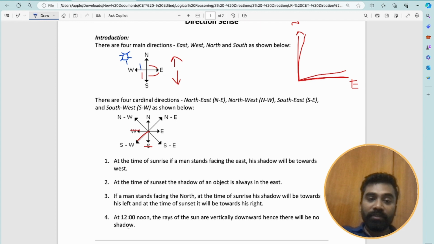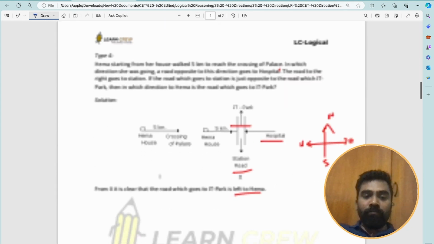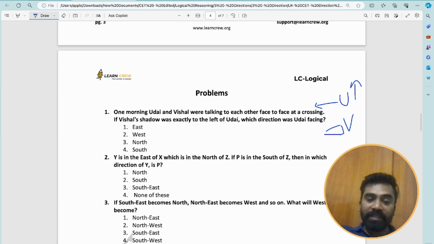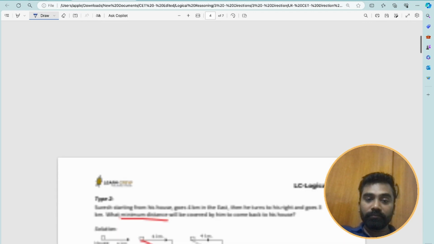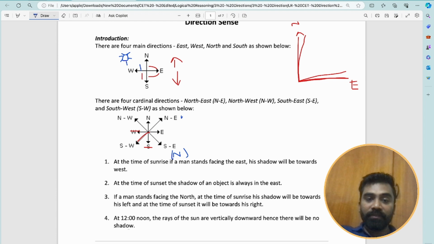Now, when I tell southeast becomes north, here southeast is becoming north, right? This is the meaning. Then what are they telling? Northeast becomes west. If this is north, obviously the opposite side is south. If this is south, this is north, this is west, this is going to be east.